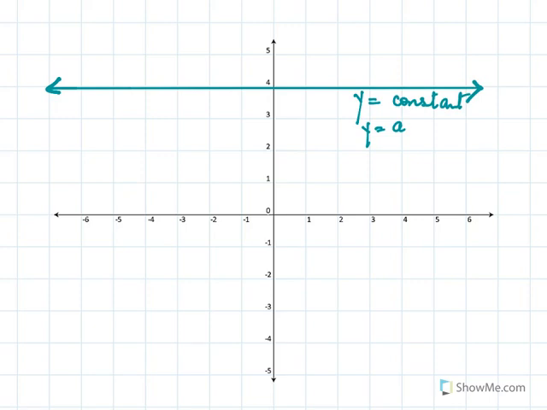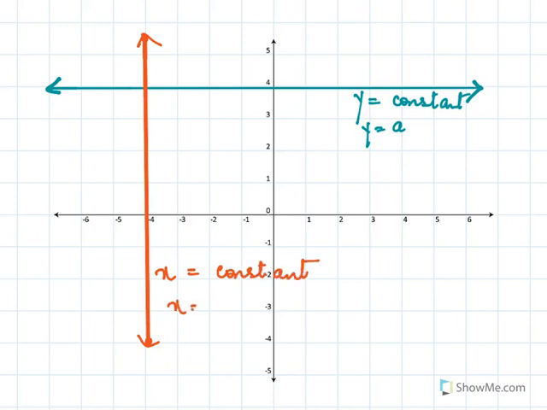And any line that is parallel to the y-axis, you will have x equal to a constant, that is x equal to, say, b. Now the point of intersection of both these lines would be the value of x, that is b, and a, y. This is where they would intersect.